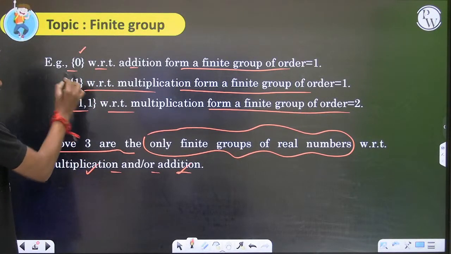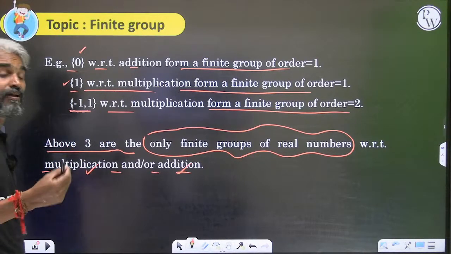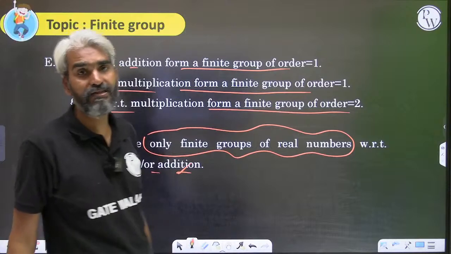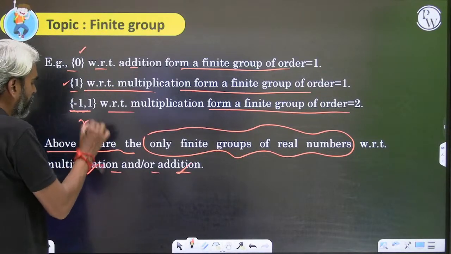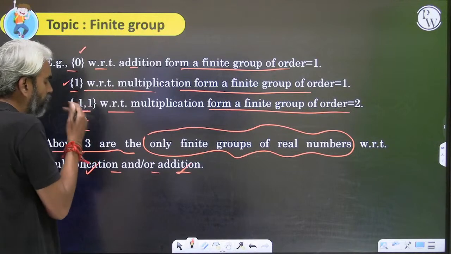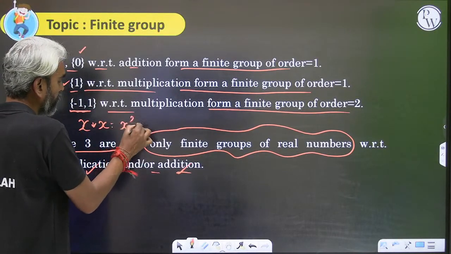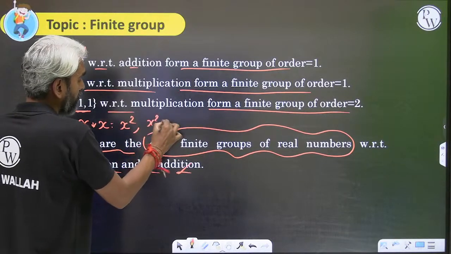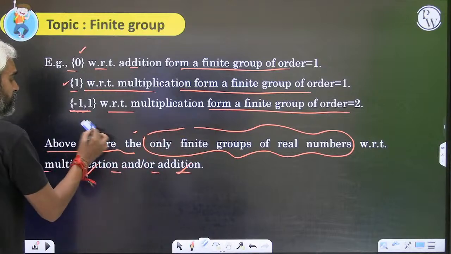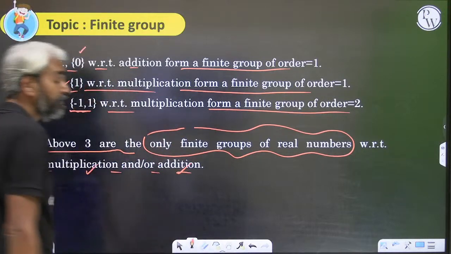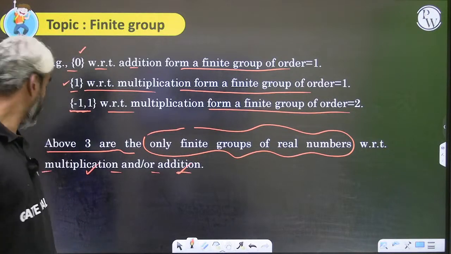Apart from a set containing element 1, or a set containing elements 1 and -1, if we include any other element in the set, then it will not remain closed with respect to multiplication. If you include x which is not equal to 1 or -1, then x into x will be x square. It will be different from x. Similarly, x square into x will be x cube. It will again be different from x and x square. So that's the idea, that the set will not remain closed if we include any other type of element.